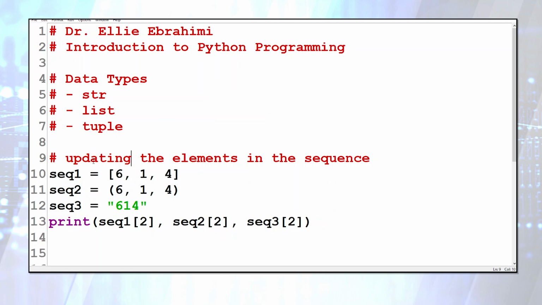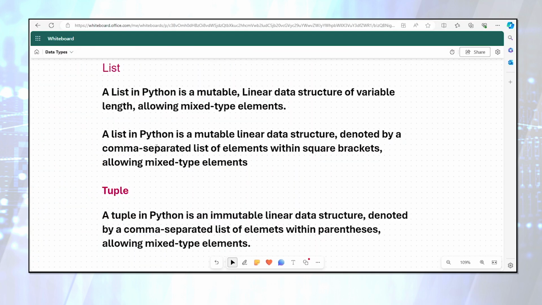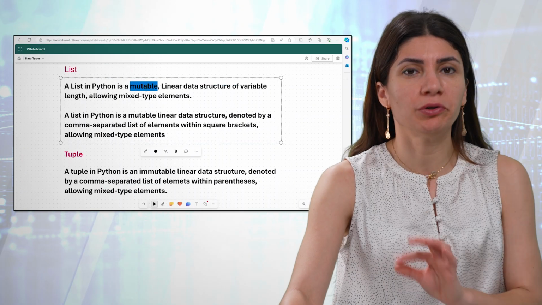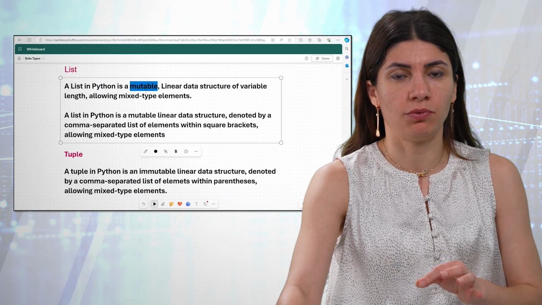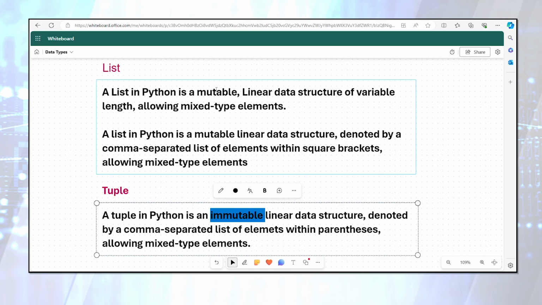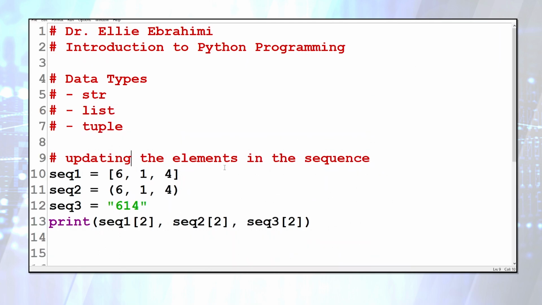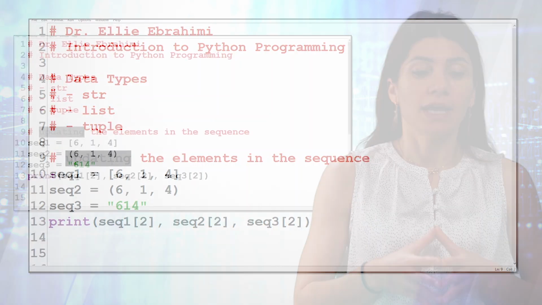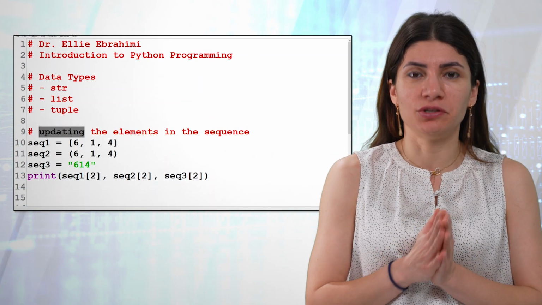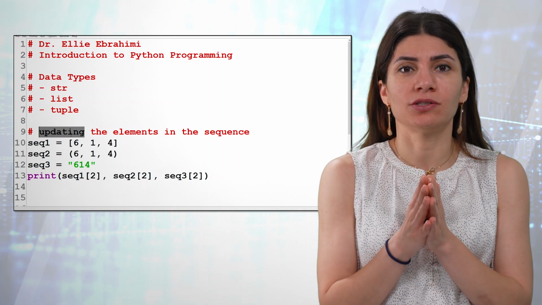When it comes to updating, I would like to go back to the definition of a list and tuple. And this word mutable becomes very, very important. So mutable versus immutable. Updating means you are going to change the values inside your sequence. And the only sequence you can do it to is type list.